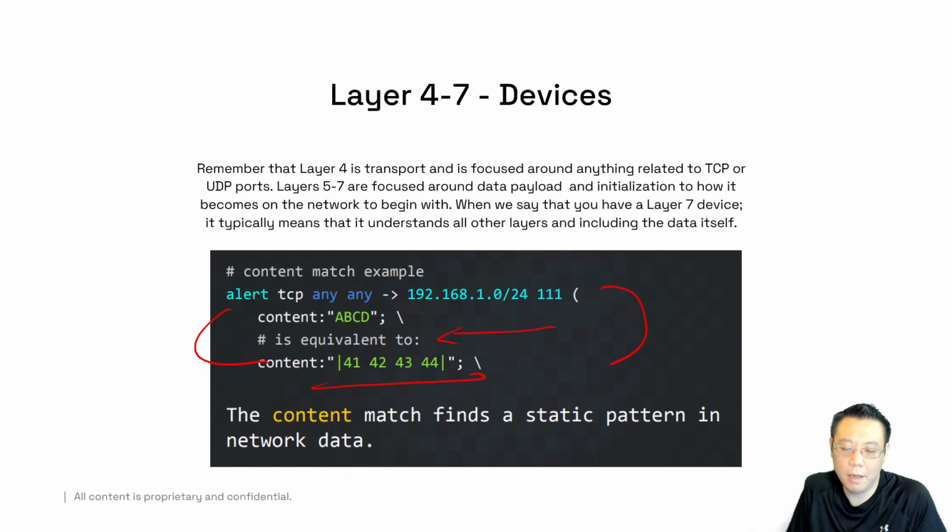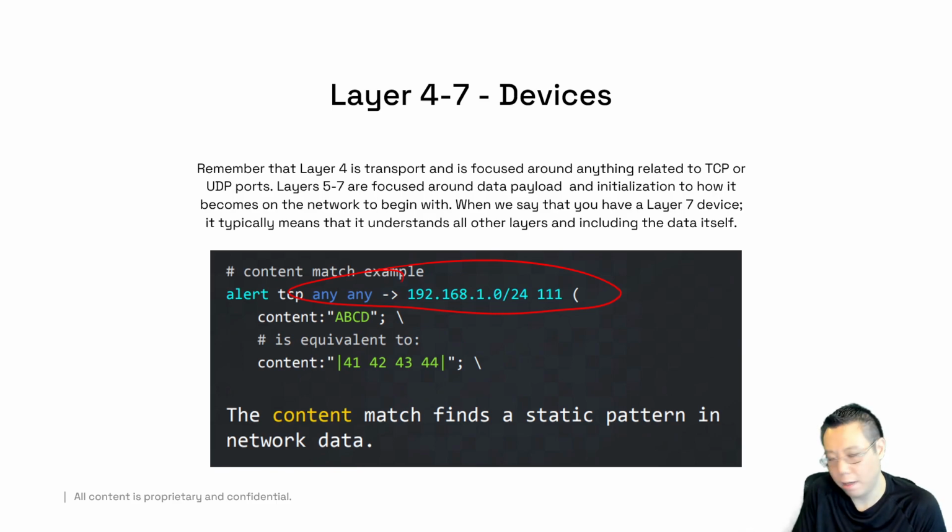I'm inspecting what's in Dennis's gift being sent to you. Is it a true gift? Well, the gift of ABCD may not be the gift to you. So that's at layers 5 through 7, understanding content. Remember that layers 3 and 4, which are basically most firewalls today, are all ports and IP addresses. So it's important to keep that distinction in mind, but the higher you go, the smarter your devices are.